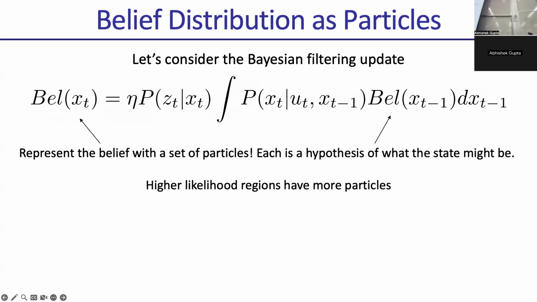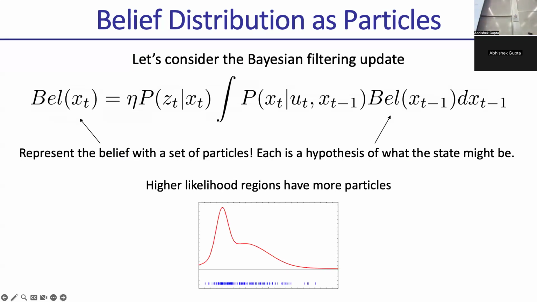In the particle filter, we're going to represent belief not by some explicit probability distribution, not by a table, but instead by a set of particles. A set of particles is a list of states. We're going to have a list of states at belief x t minus 1. We're going to do our particle filter. It's going to give us a list of states at x t, or at time step t. And that's going to be our belief. And our job is to just figure out how to change that list to that list.